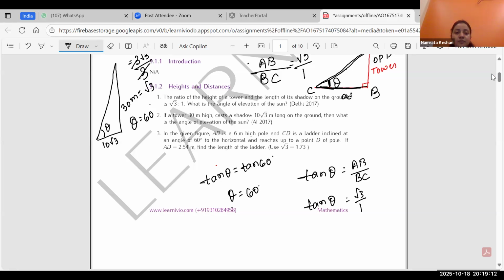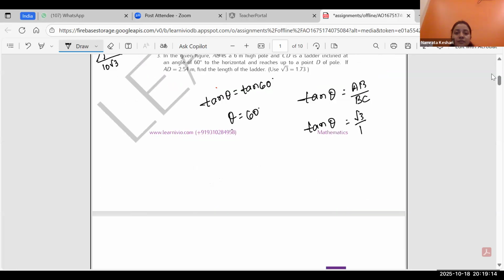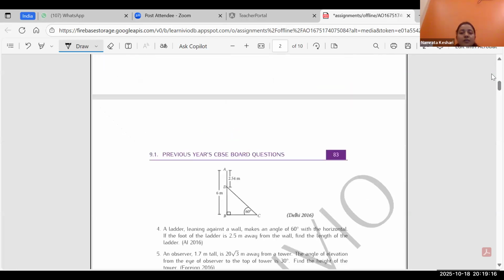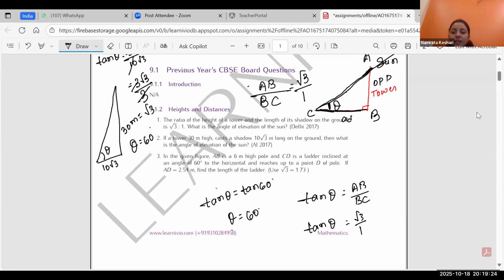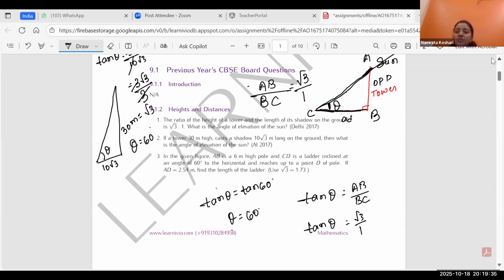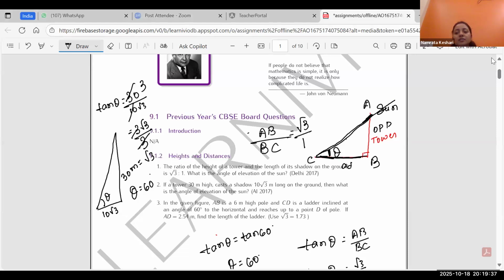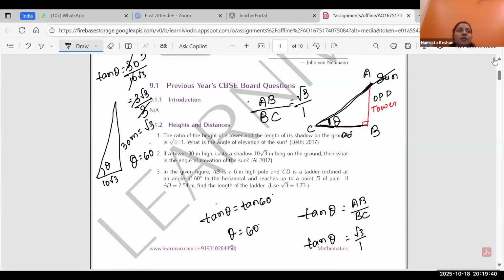Are these questions of standard or basic? Standard. You both are from standard mathematics, right? Yes, ma'am. Okay, basic I don't take. For basic, if a student is from basic, the student can do just the NCERT examples.